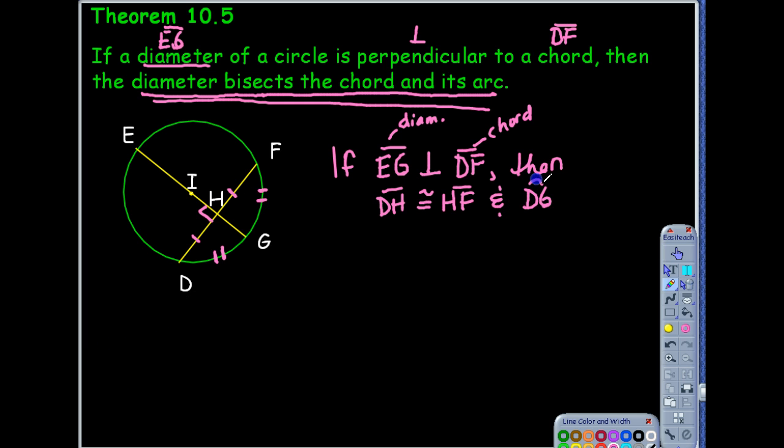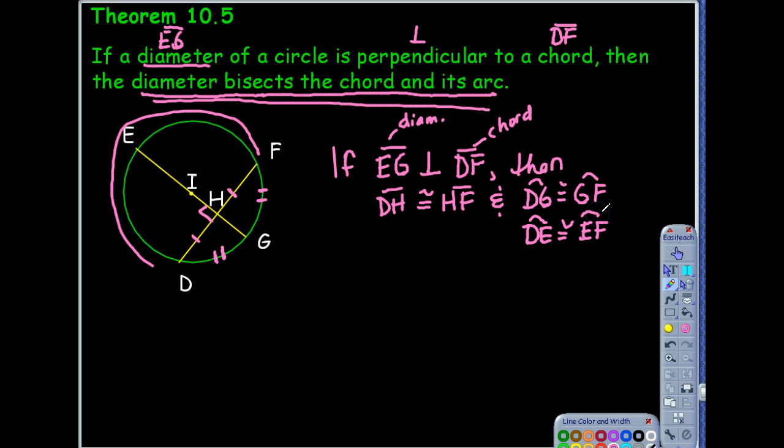Right. Now you said something, and I like that you said that because you kind of paused. We often think that this arc is one thing it's bisecting, but it's also bisecting what arc? Arc DEF. This arc right here, because it's also associated with that. So that means we could also say that arc DE is congruent to arc EF.